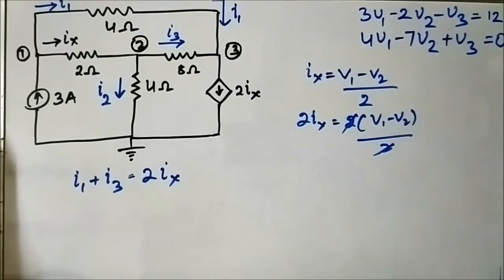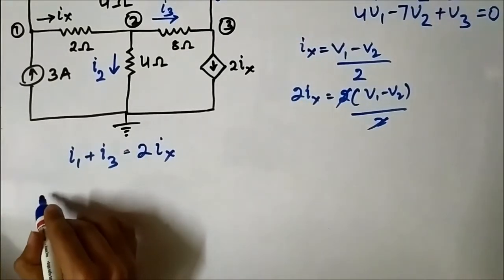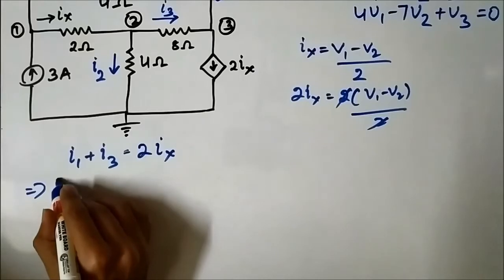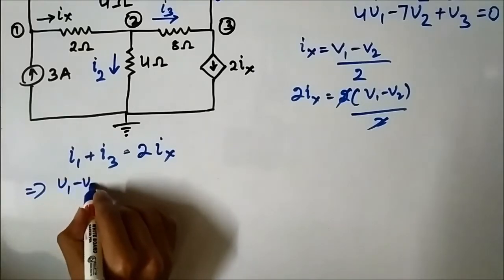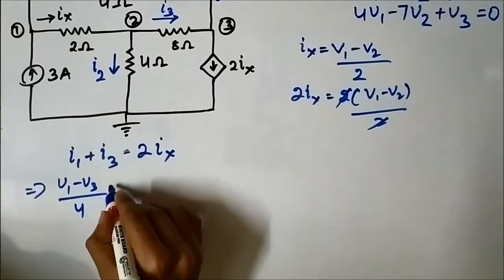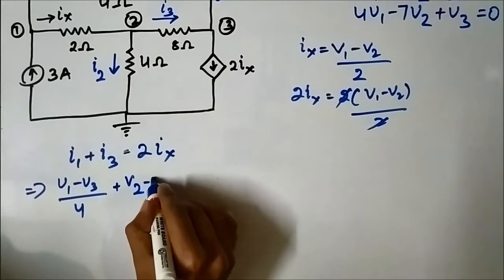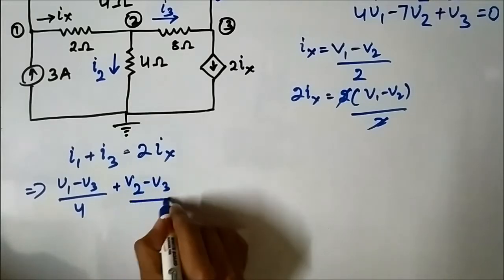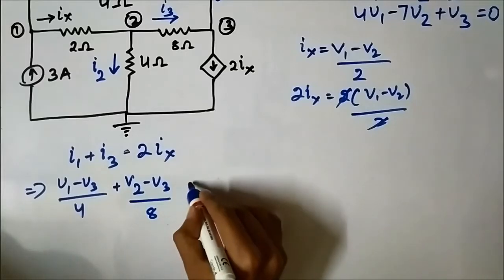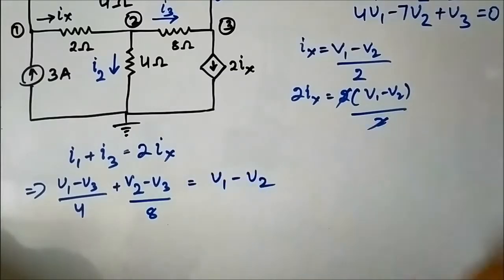So let us convert it into nodal voltage form. I1 is V1 minus V3 by 4, I3 is V2 minus V3 by 8, and 2Ix is equal to V1 minus V2, which we just calculated.